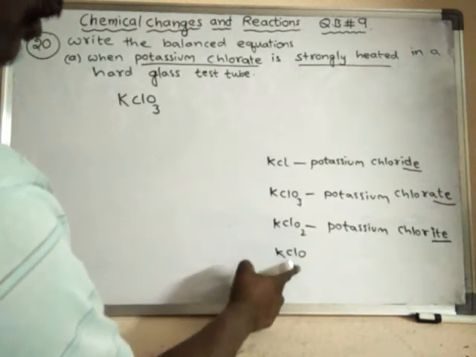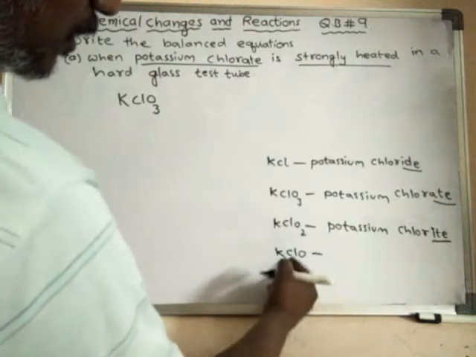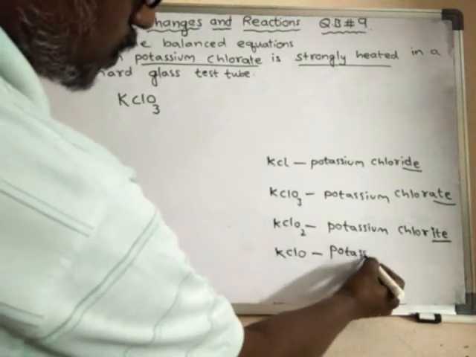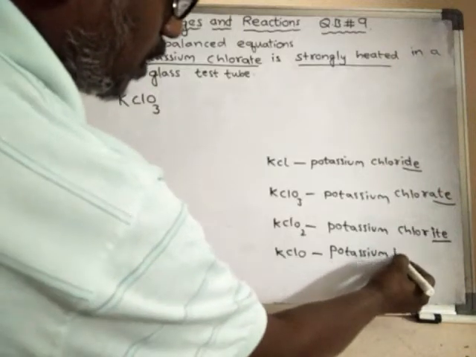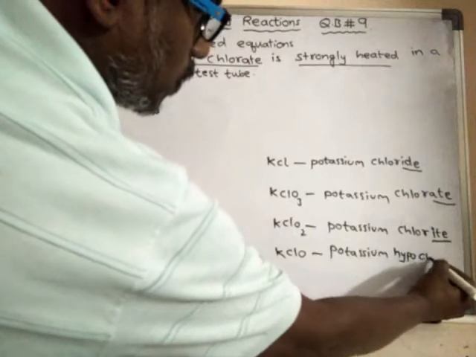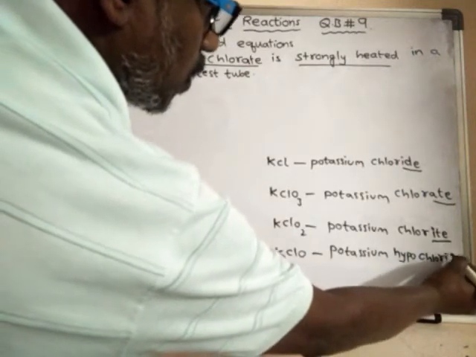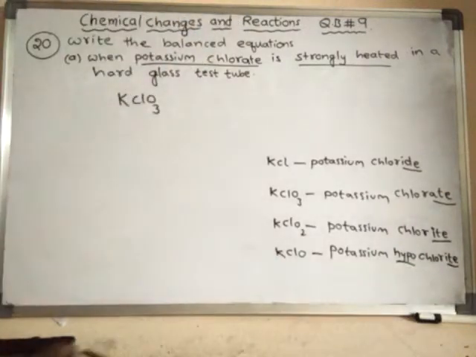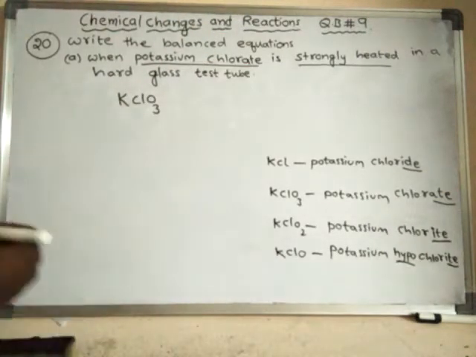If you decrease one more oxygen, then it is called potassium hypochlorite. Hypo and ite. Like this.